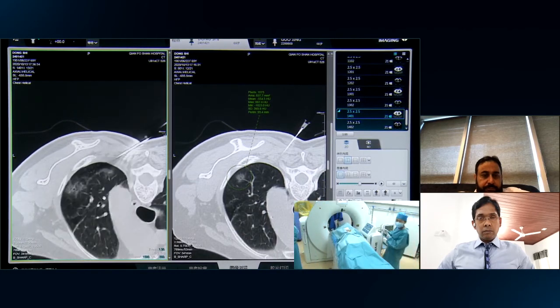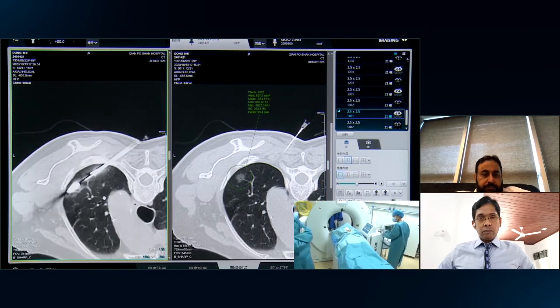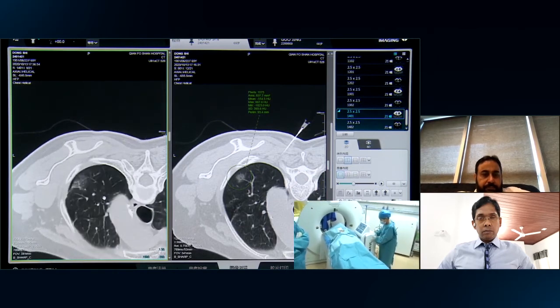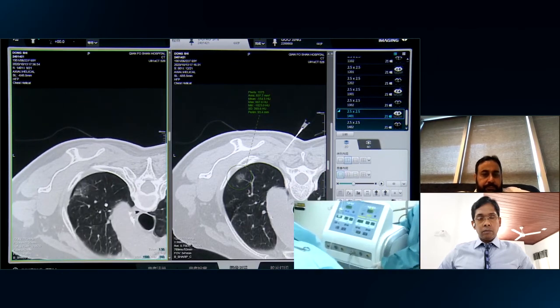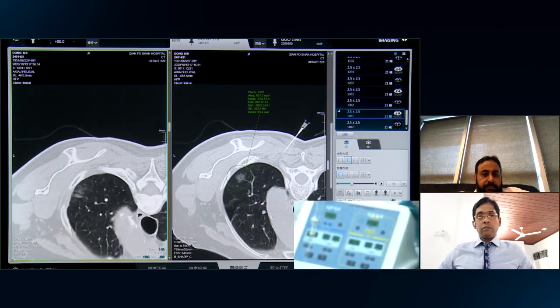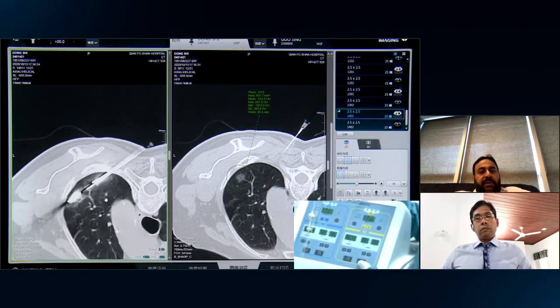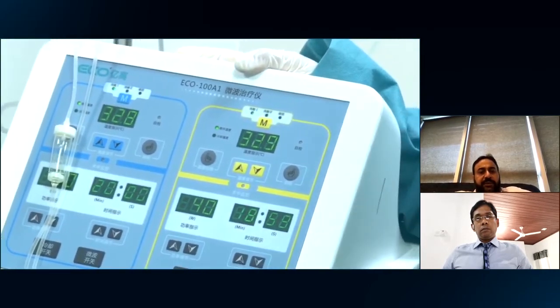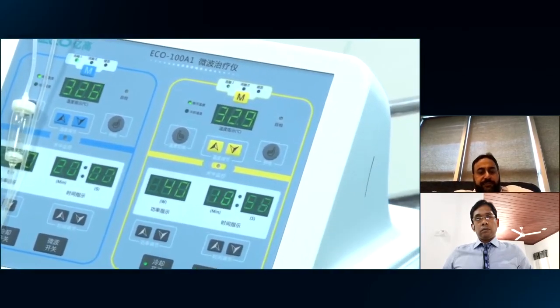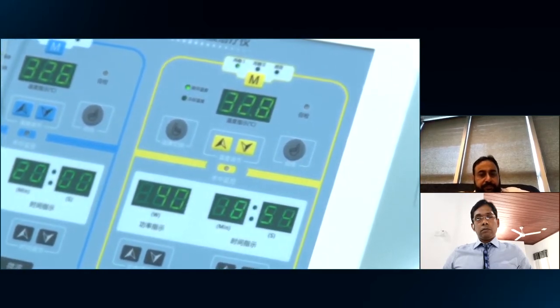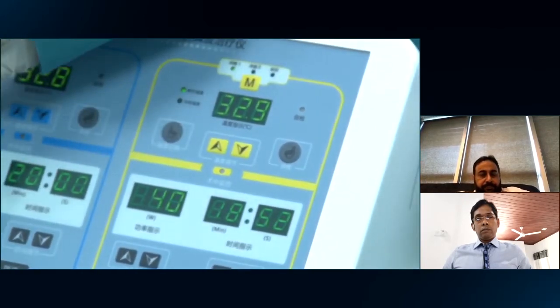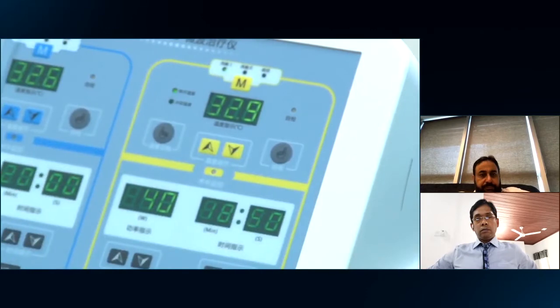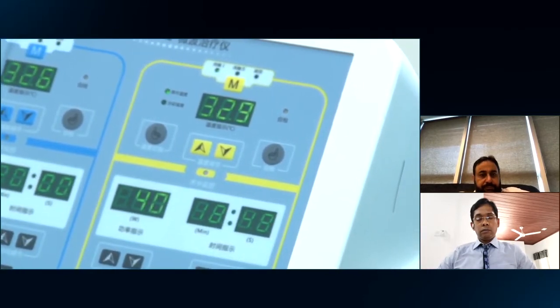Yeah, the setting is 40 watts, 3 to 4 minutes for this small GGO lesion. And is he going to come slightly backwards while he's ablating, or is he going to do single station? Actually, you can say this is no bleeding, right?